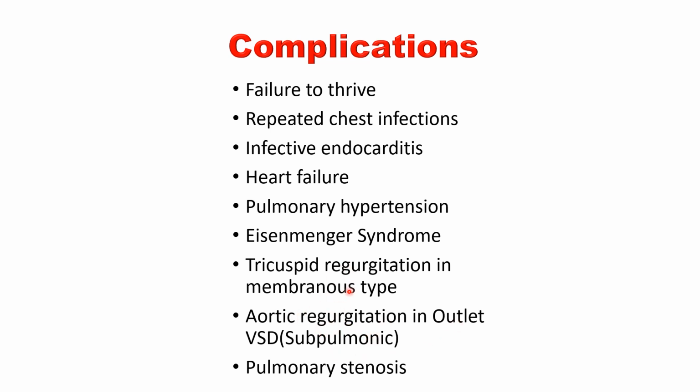Mechanism is almost the same, and patients with tricuspid regurgitation and aortic regurgitation should be operated on. Open heart surgery should be done in these patients, and the patient can have pulmonary stenosis.